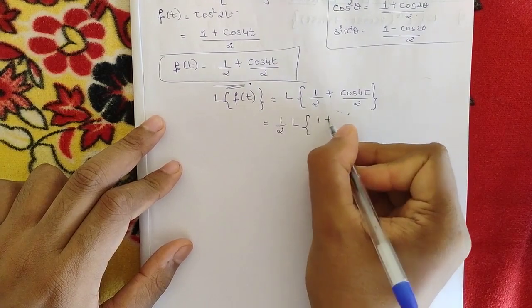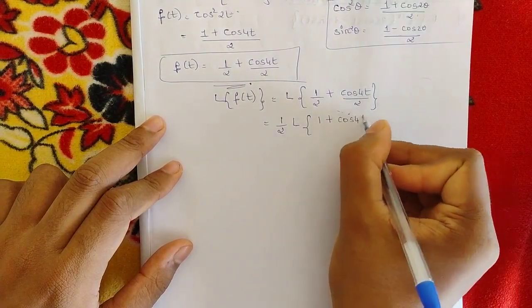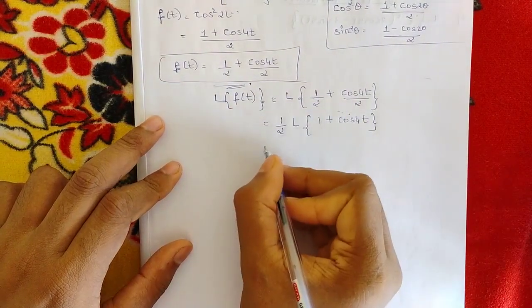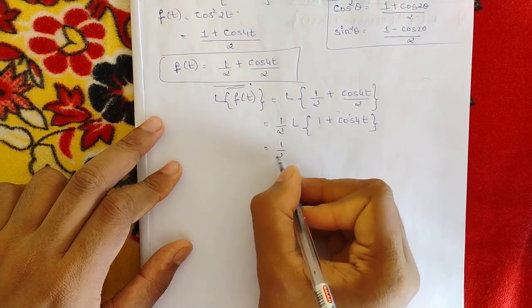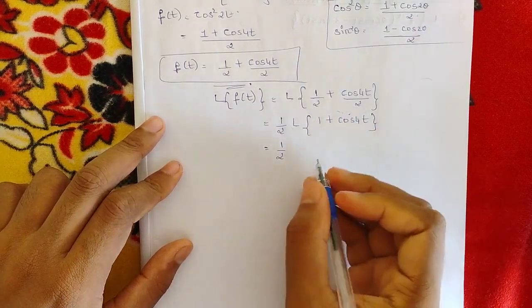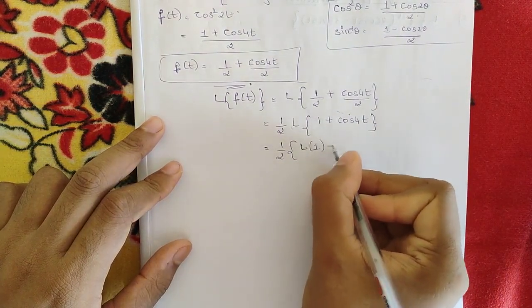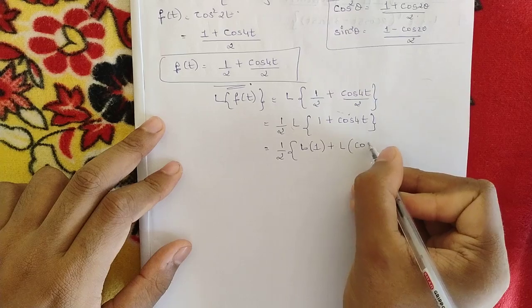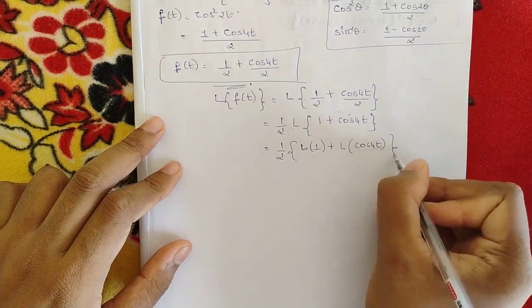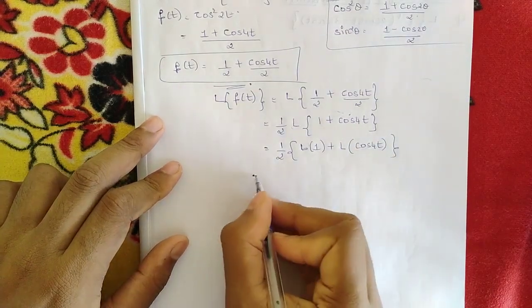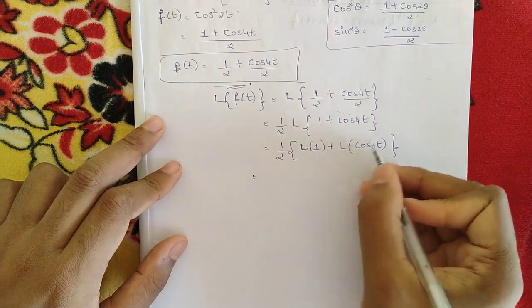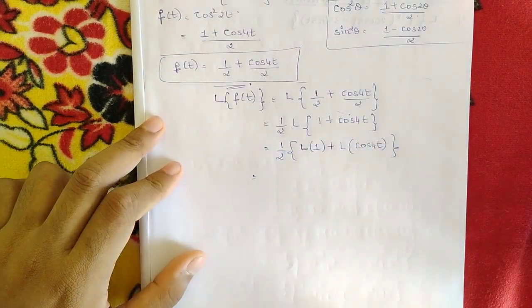We are left with 1 plus cos 4t, so that is equal to, now put the Laplace transform for these two terms separately according to the linearity property. So L of 1 plus L of cos 4t, right?